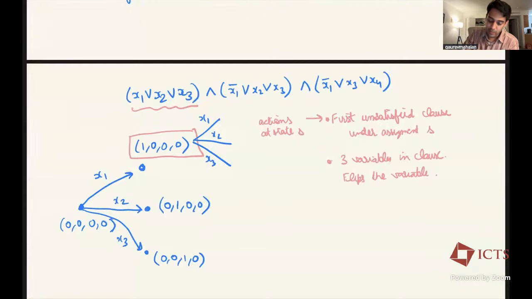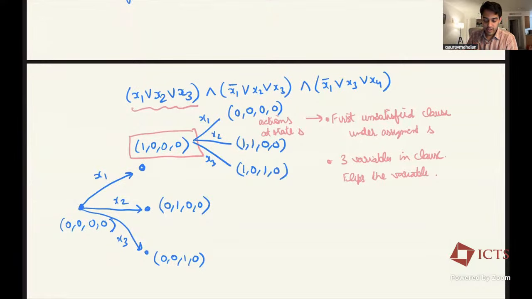If you flip again, you go to 0, 0, 0, 0. And here you get 1, 1, 0, 0. You get 1, 0, 1, 0. In this case, you flip the first one, go back to 0. In this one, you flip the second, so both of them are 1. In this case, you flip the third.